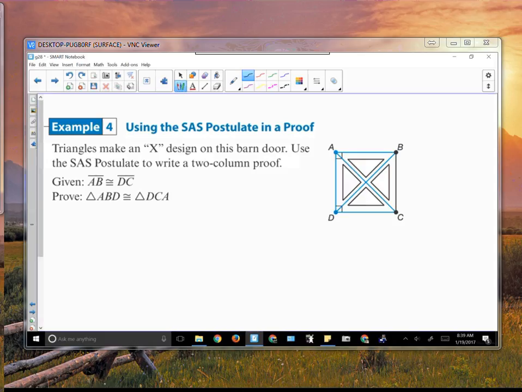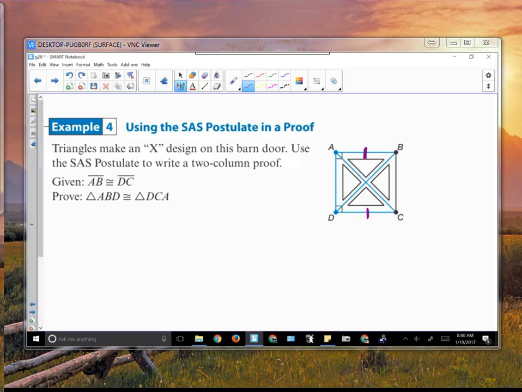We've got AB, and a lot of times it's very helpful for us to go through and draw it out, put the marks down so I know what I am looking at. So it says AB here is congruent to what? DC. So these two are going to be congruent. Now that's all the information that I have been given.